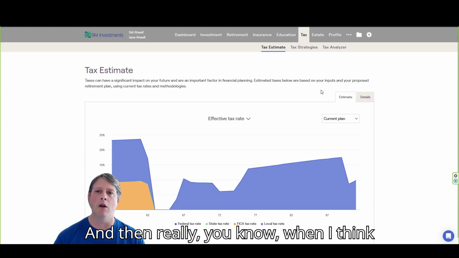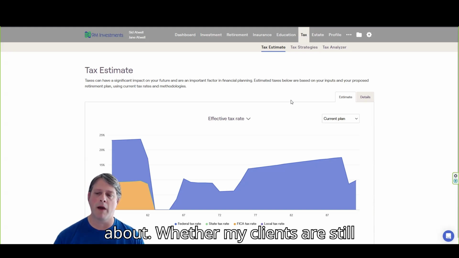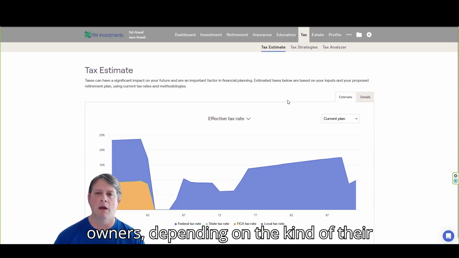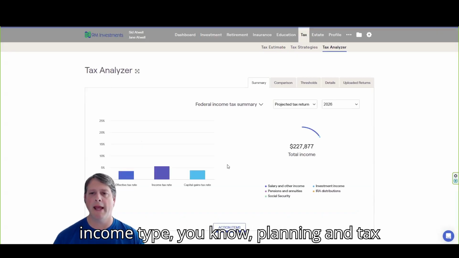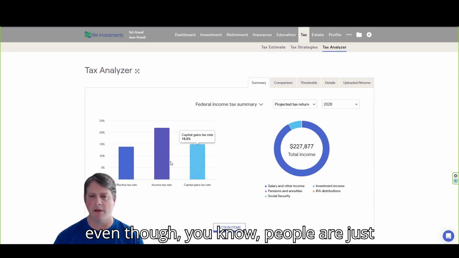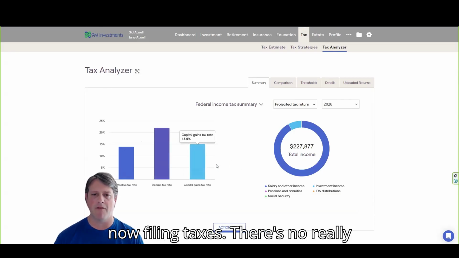And then when I think about whether my clients are still working and have W-2 income or are business owners, depending on their income type, tax planning really, 2025 is over, even though people are just now filing taxes. There's no real planning at this point.